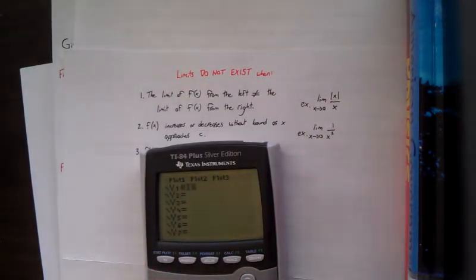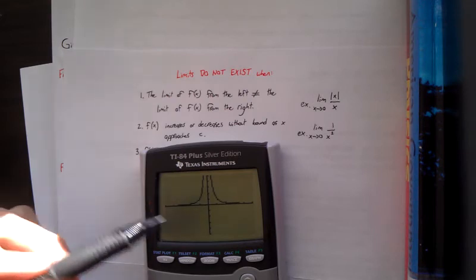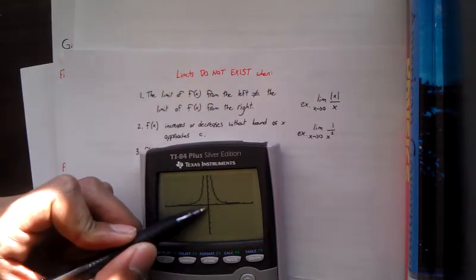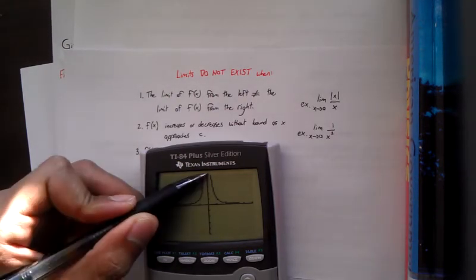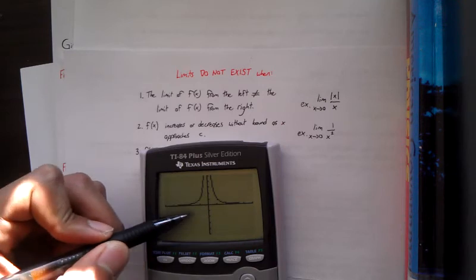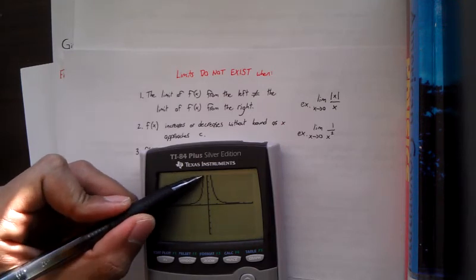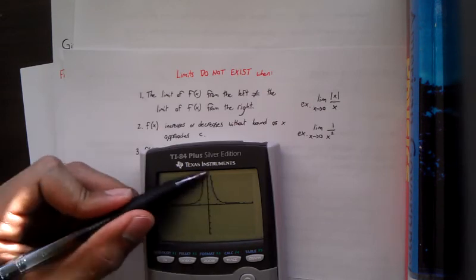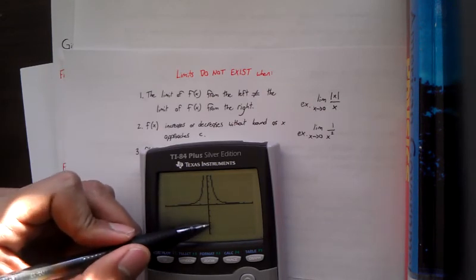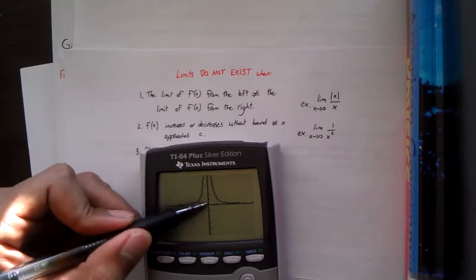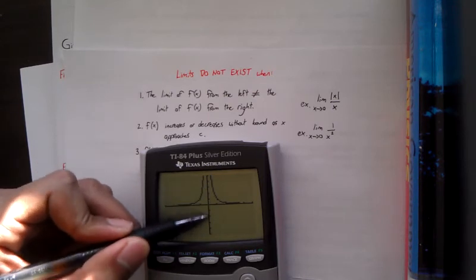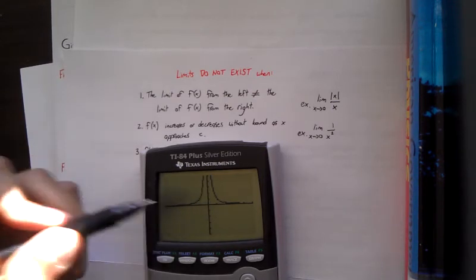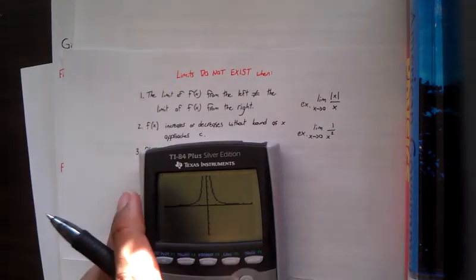If you graph that one, you can see that there's going to be a vertical asymptote at x equals 0. When it increases without bound, that just means it's going to infinity, and it's never really going to approach or even touch x equals 0.